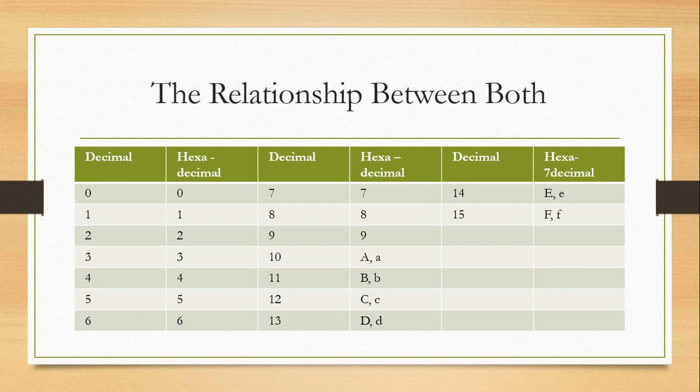So 10 to 15 digits are only included in hexadecimal, where they are represented as A, B, C, D, E, F for 10, 11, 12, 13, 14, 15 respectively, and the capital and the small letters both work.